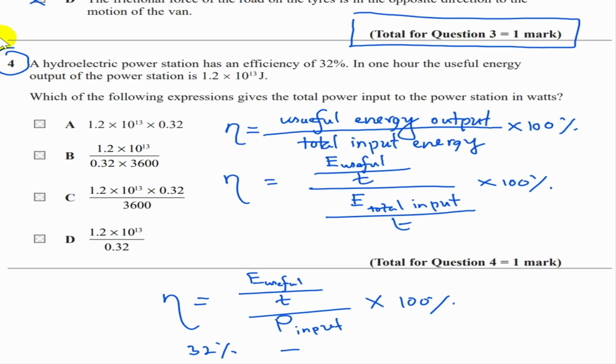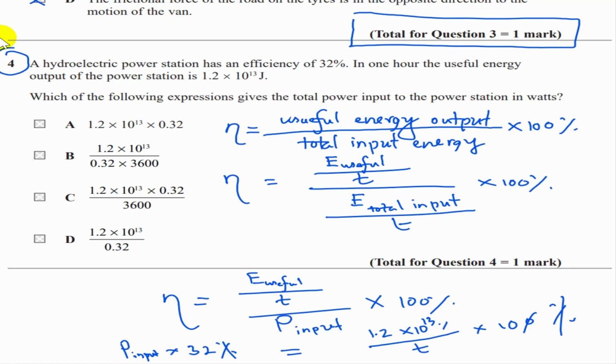So here efficiency 32% equal to useful energy 1.2 10 to the power 13 divided by time. Remember time is 1 hour, so 3600, divided by power input into 100%.